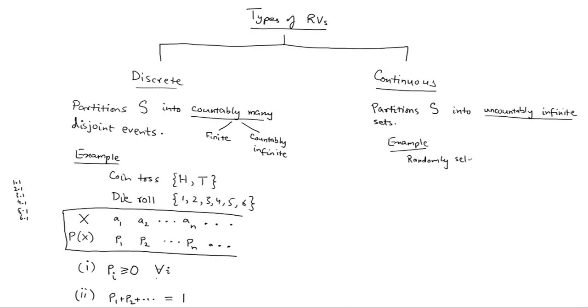Randomly selecting a number between 0 and 1. Now, how many subsets can you have between 0 and 1?